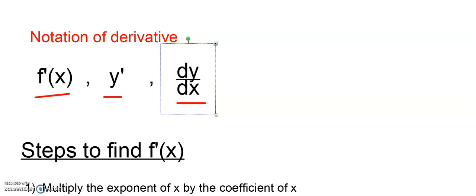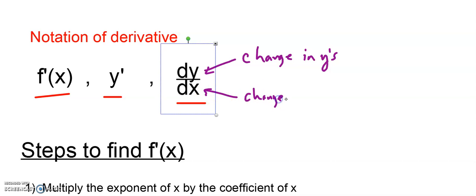Now, why is it called dy over dx? Well, the dy basically stands for the difference or the change in my y values, and the dx stands for the change in my x values. Which is really what the slope formula is. It's change in y over change in x.